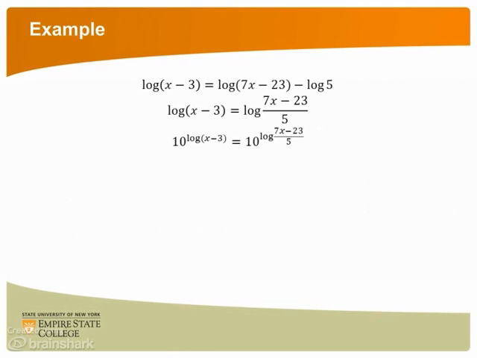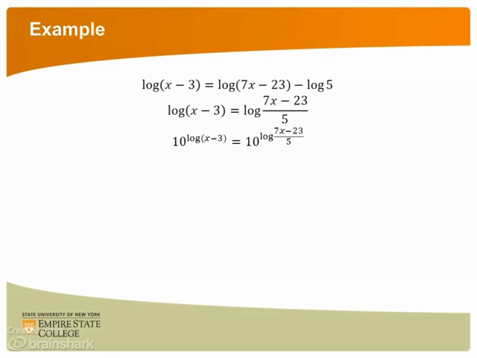We want to eliminate the common logarithm from the equation. Recall that the common logarithm is really the base 10 logarithm. So to eliminate the common log, we raise 10 to the power represented by each side of the equation. So we have 10 raised to the power, the common logarithm of x minus 3, on the left side of the equal sign.